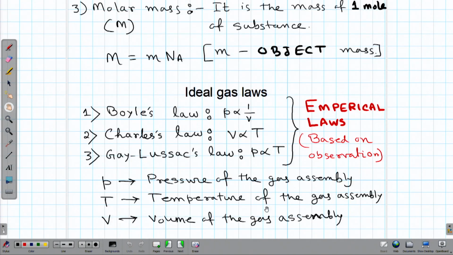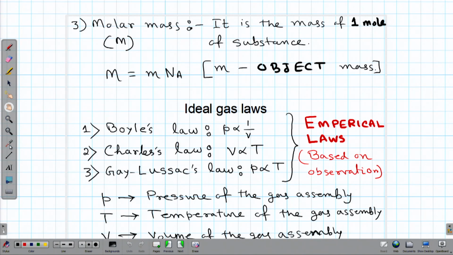Next, the third definition is the definition of molar mass. We are talking about the number of moles, we are talking about the Avogadro number, which is the number that is present in 1 mole, and then the molar mass, that is the mass of 1 mole of substance.